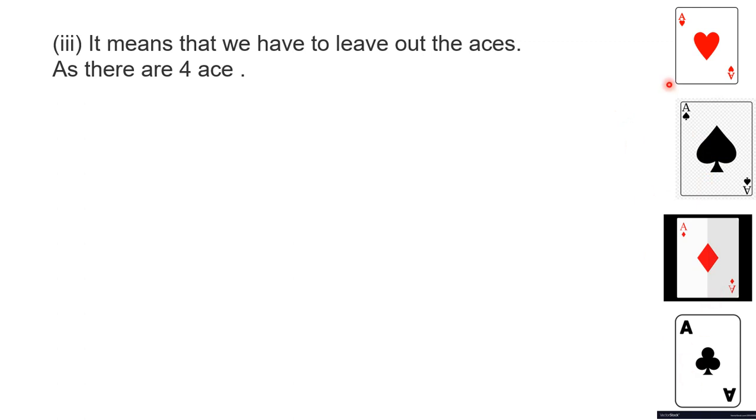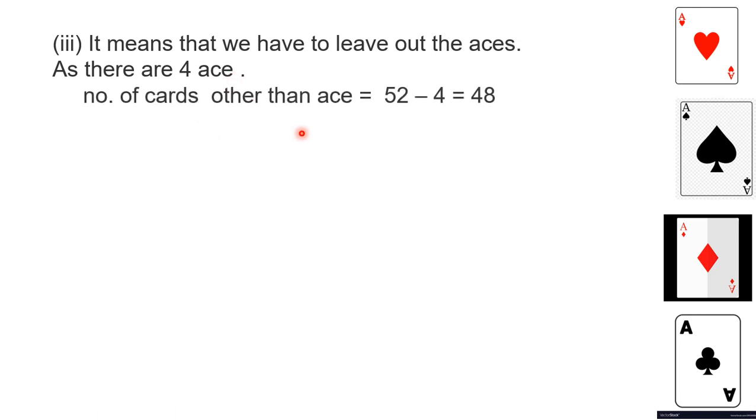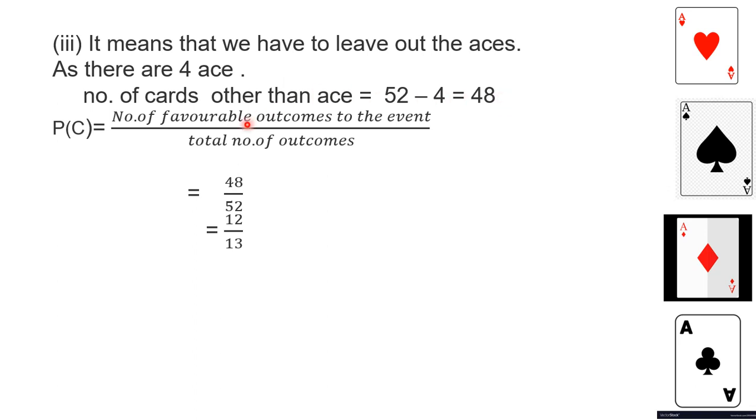So there are 4 aces in the 52 cards. The number of cards other than these 4 aces will be 52 minus 4, that is 48. So the favorable outcomes are 48. Out of these we will draw a card, and probability is the number of favorable outcomes upon total number of outcomes.